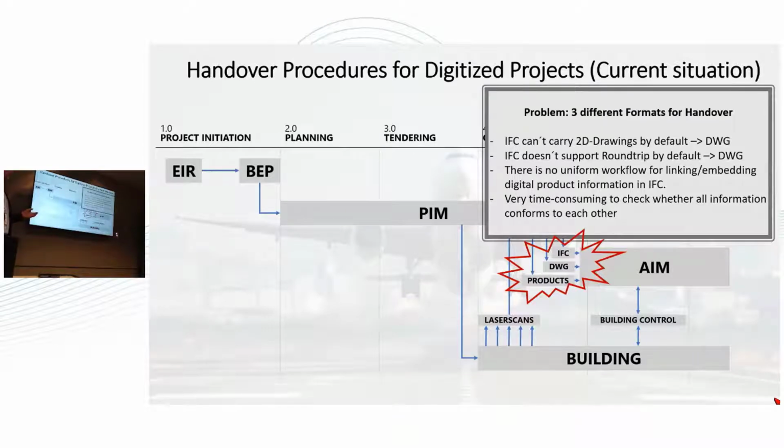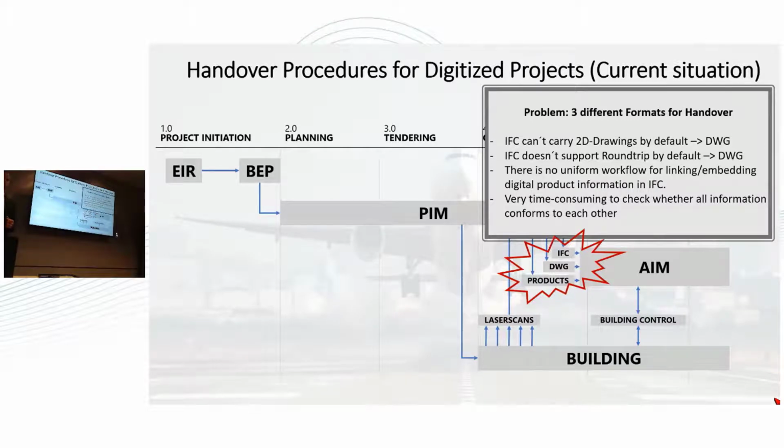The problem is actually that we have no 2D drawings embedded in the IFC file. It's technically possible, but we need to talk about that later on. The second reason we need the DWG drawings, not only for the 2D drawings, is if we want to rebuild the buildings, usually an IFC file is not enough information for us, because it depends on the software creating the IFC file, and not every software produces IFC files which can be redrawn later in another software.